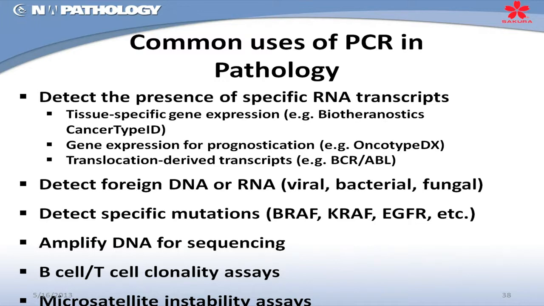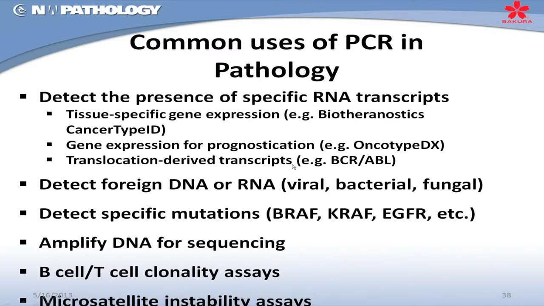So that can help us determine what tumor types we have, like the biotheranostic cancer type ID test that's used to determine where a tissue came from, if it's an unknown primary in a metastasis. We can also use it to prognosticate. For example, in the Oncotype DX test that's used in breast cancer, that's a reverse transcription PCR test that looks at gene expression and uses that for prognostic information.